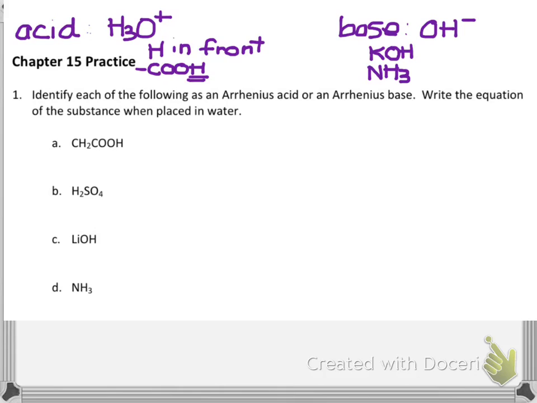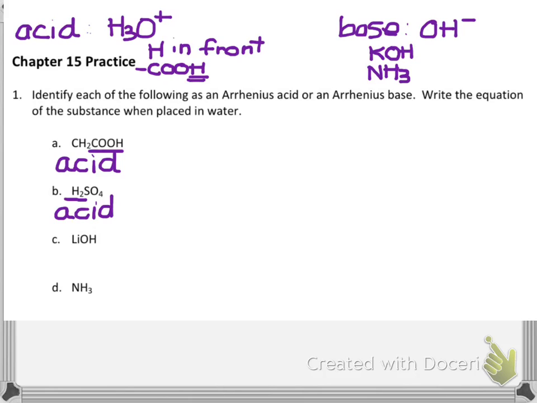Okay, so letter A, the first thing my eye goes to is this COOH, which is a carboxylic acid, as I showed you above, and so this is an acid. On letter B, I go right to seeing this H2 in the front of the formula, and this is an acid.